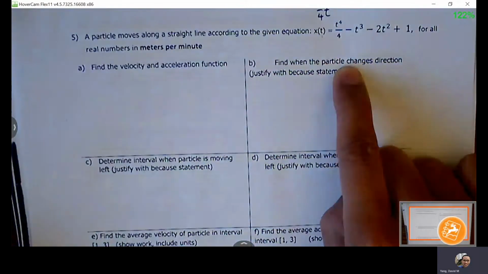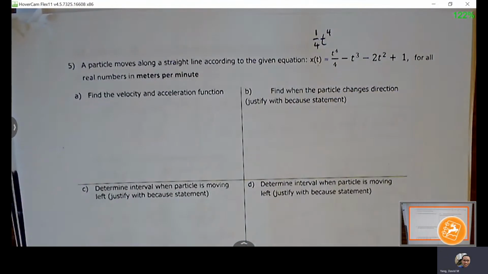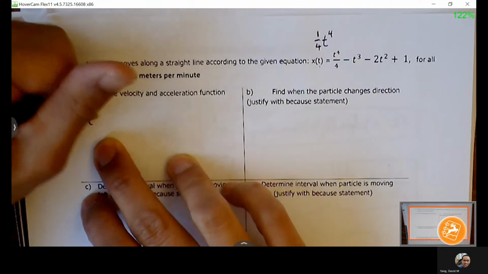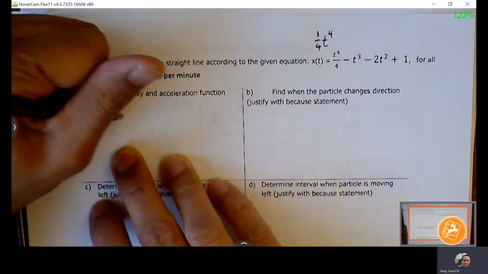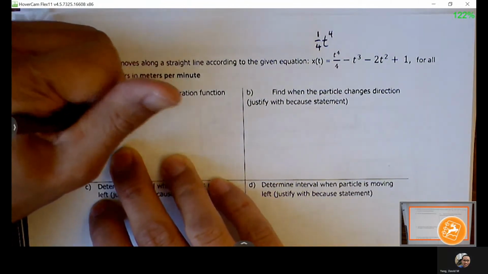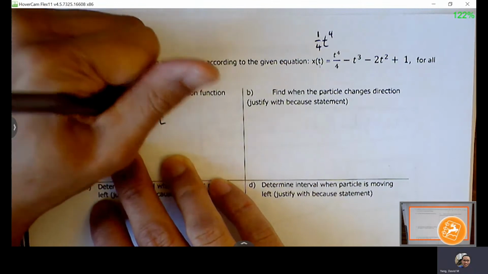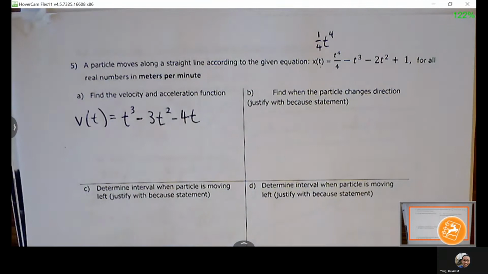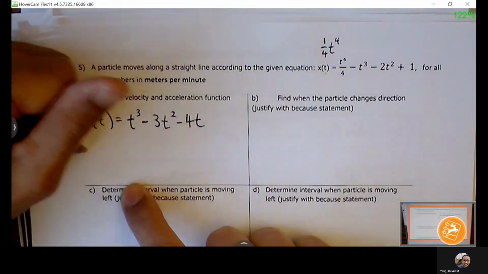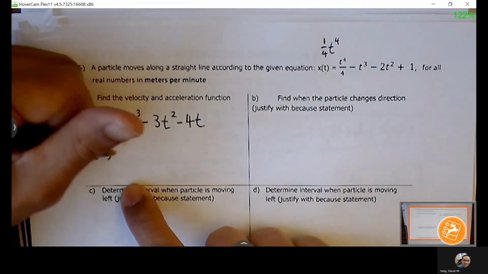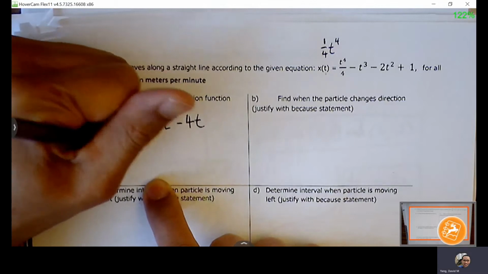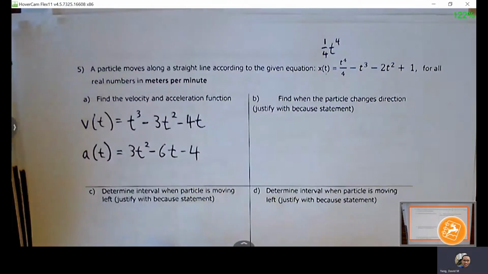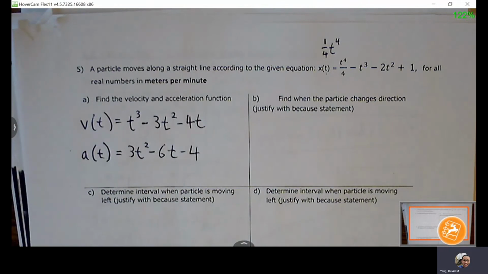That makes it easier to consider power rule with. And then acceleration is the second derivative, so we just do power rule twice.